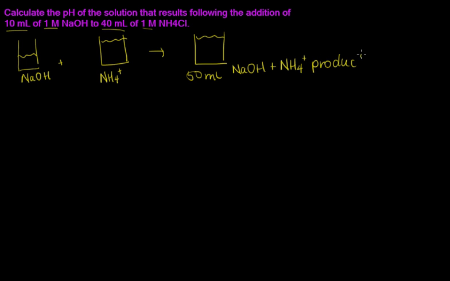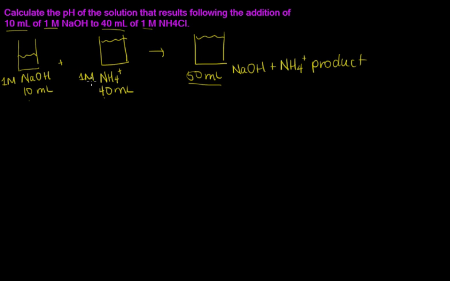So where did I get the 50? It's because it's 10 mL here and 40 mL here. When you combine them, it makes 50 mL. So we're changing the volume of each of these solutions. We start off with 1 molar concentrations of each.